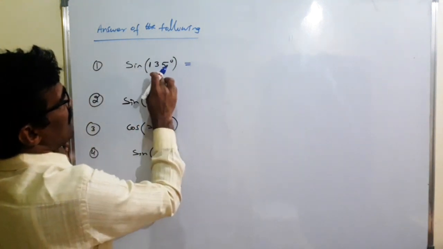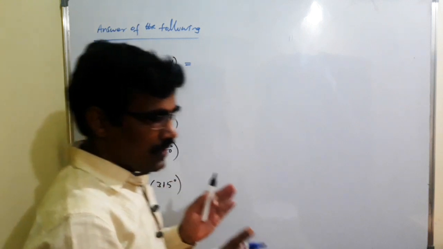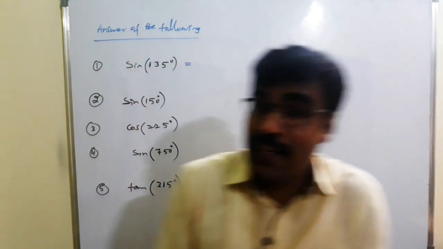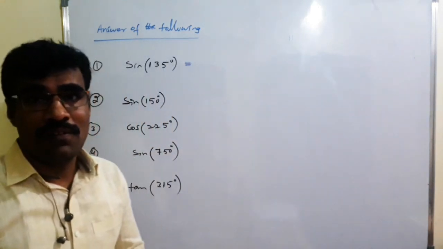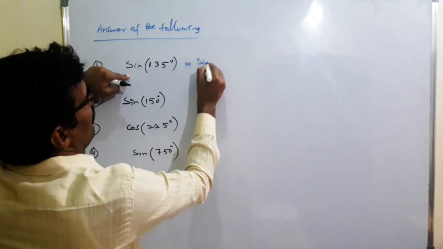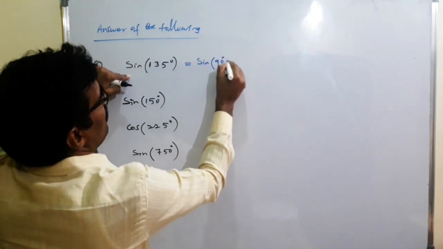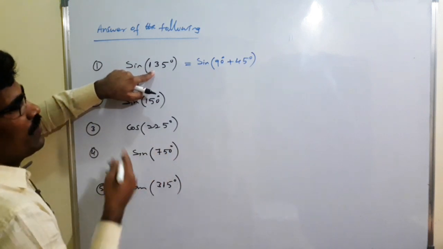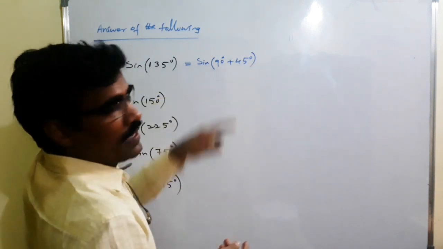Listen. Sine 135 degrees, which quadrant? Second. Okay, sir. Sine of 90 plus 45. 135 we can write as 90 plus 45.